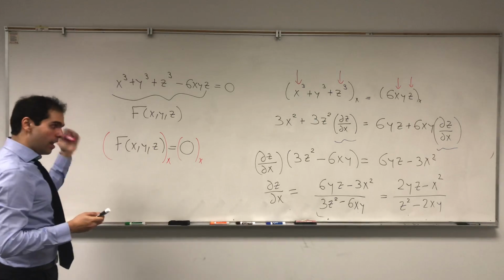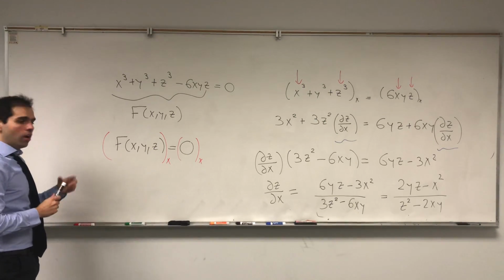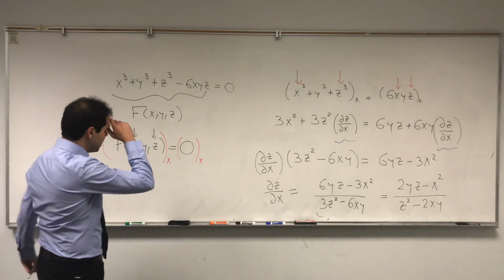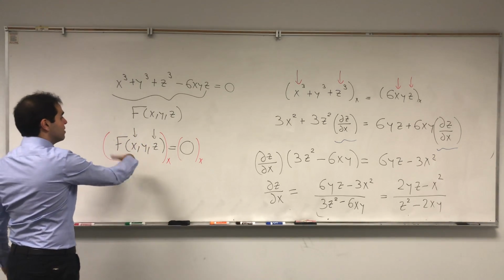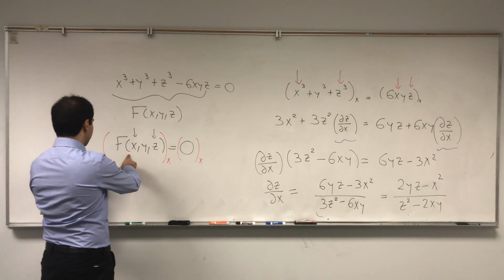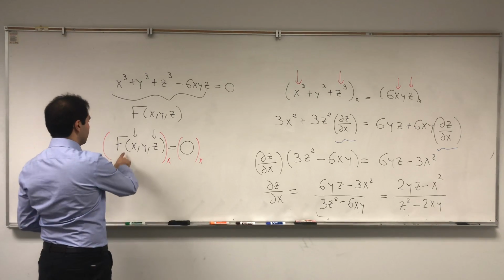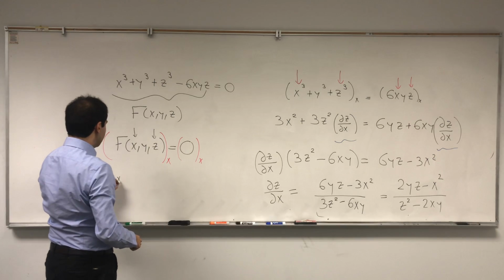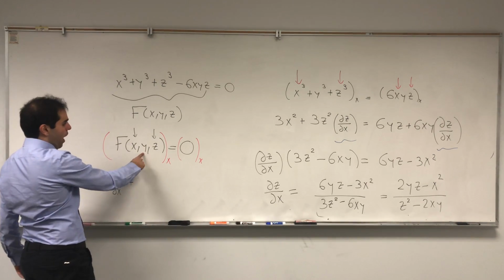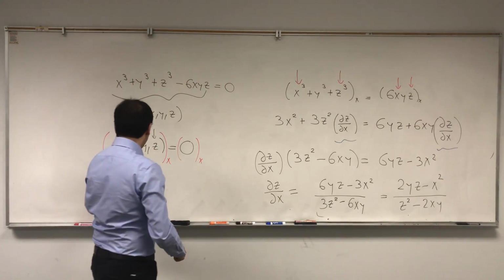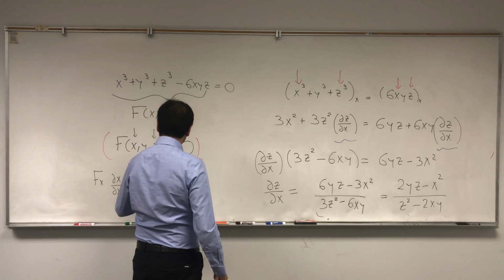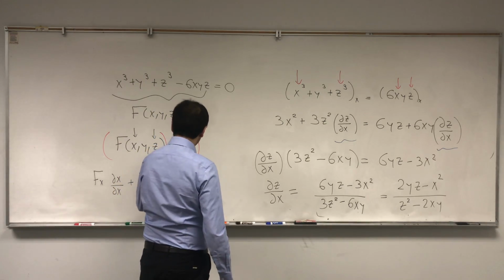And notice, like I said before, there are a bunch of things that depend on x. It's x and z that depend on x. And now all you can do is just use the chain rule. So what we get is the derivative of F in the first slot times dx over dx, plus, well, there's no y here, so it doesn't matter, and then plus derivative of F in the last slot times dz over dx.